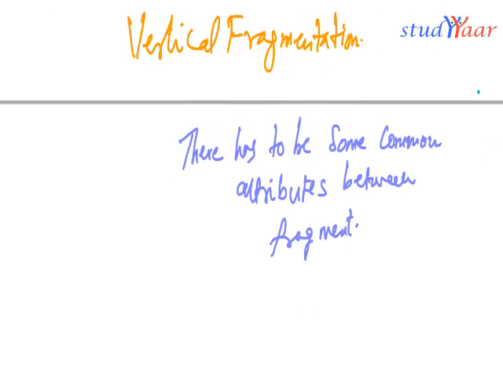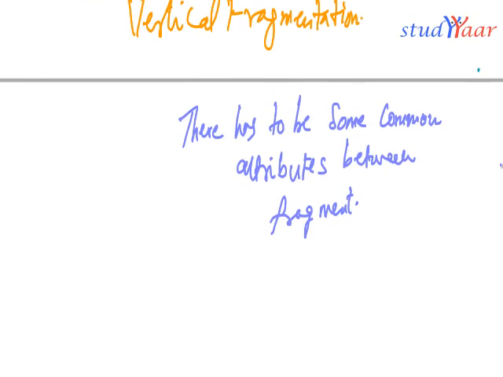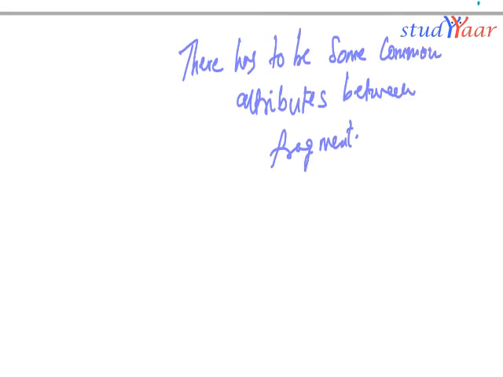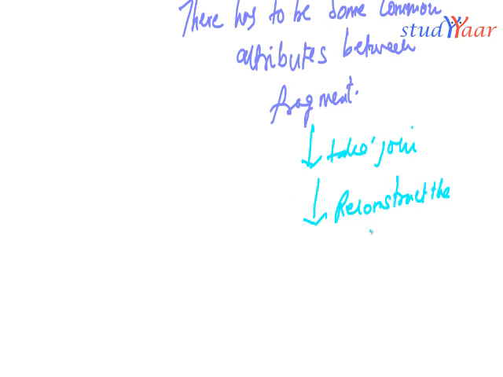And if you are not able to take the join, then you would not be able to reconstruct the whole relation. And why do we need to take join? So that we can reconstruct the relation, right?